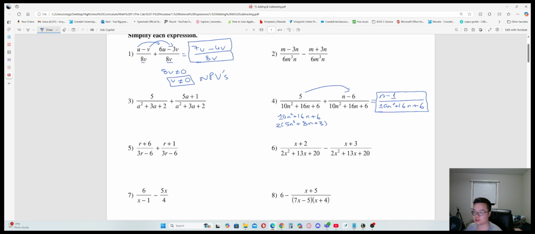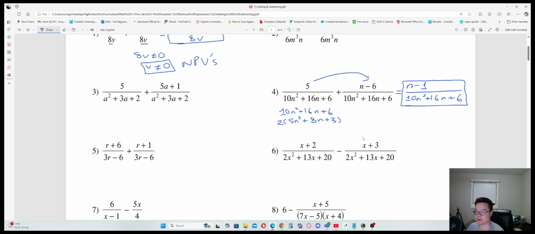The numbers are small, so let me zoom in a little bit here. Now I have 5n squared plus 8n plus 3. They are decomposition, so let's factor them out. When you factor, you should have 5n plus 3 in the first bracket, and the second bracket will be n plus 1.